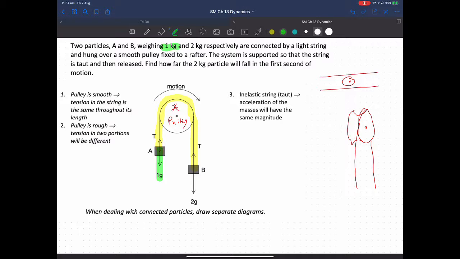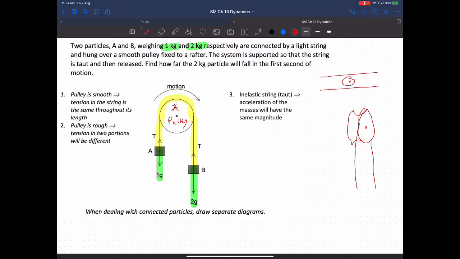I've just highlighted it on the diagram. We also have a weight of 2 kilograms. That is also operating towards the ground. 2 kilograms is going to be 2g as my weight. I've now highlighted that.